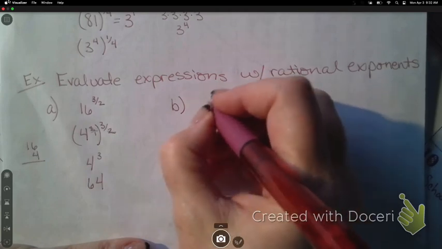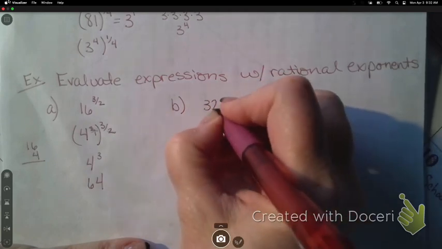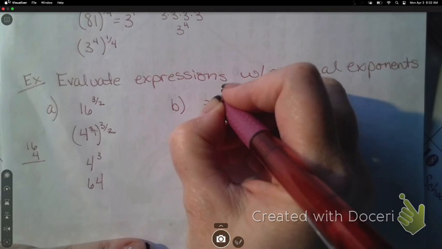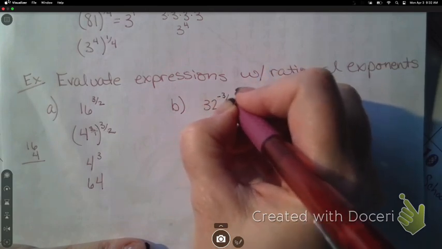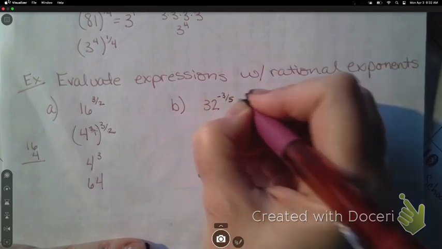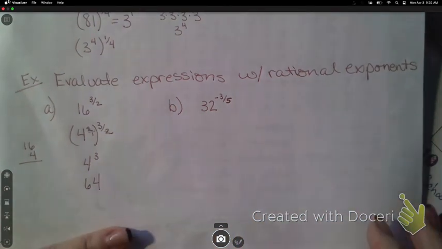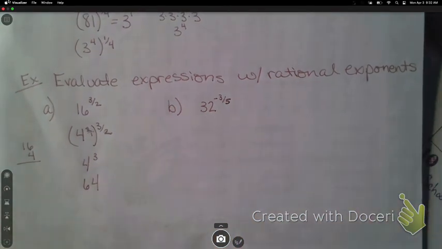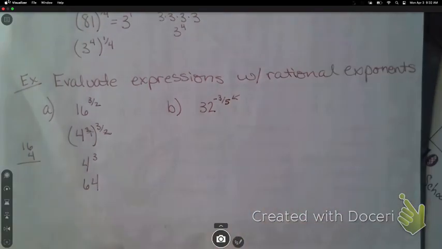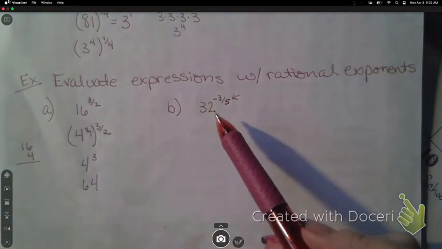B. 32 to the negative 3/5. So we're looking for a set of what? The denominator, 5. Well, what if I break down 32?